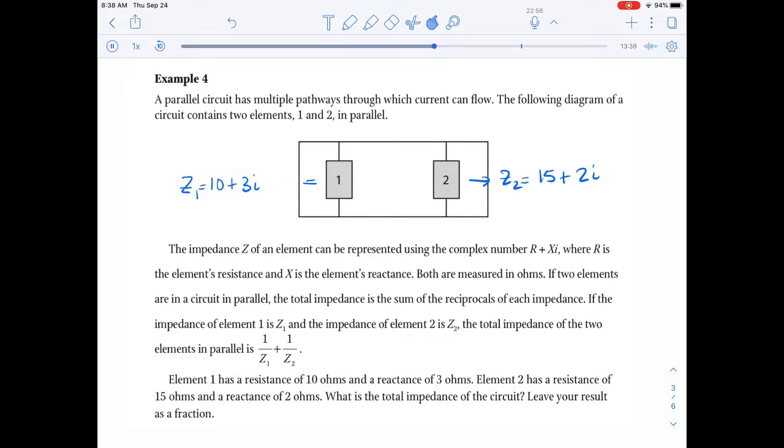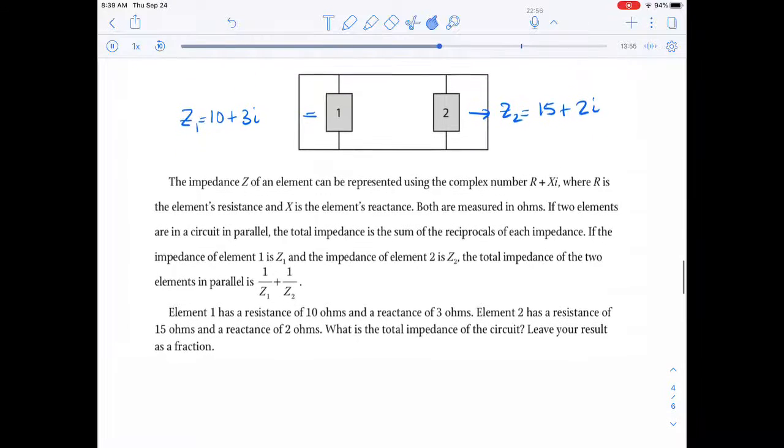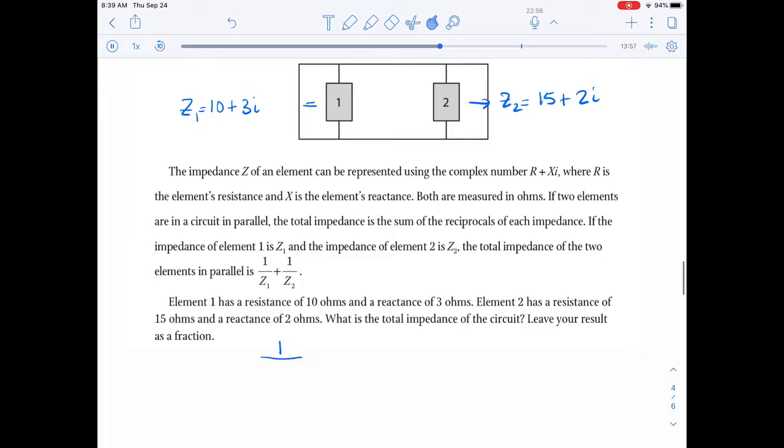Now the problem states that the total impedance is the sum of 1 over Z1 plus 1 over Z2. So let's go ahead and substitute in our values. We have 1 over 10 plus 3i plus 1 over 15 plus 2i.